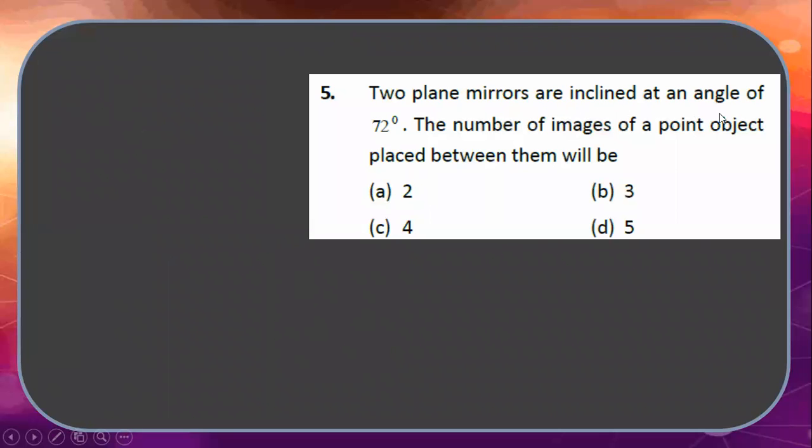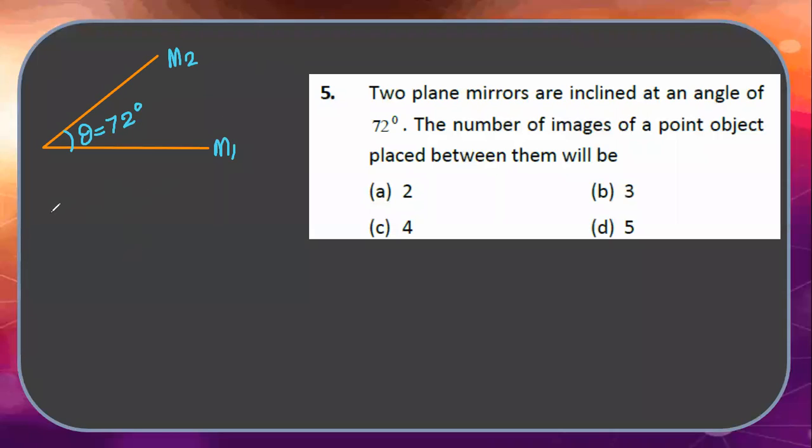Next problem: two plane mirrors are inclined at an angle of 72 degrees. M1 and M2 are the two plane mirrors, and the angle between them is given as 72 degrees. What is the number of images formed?